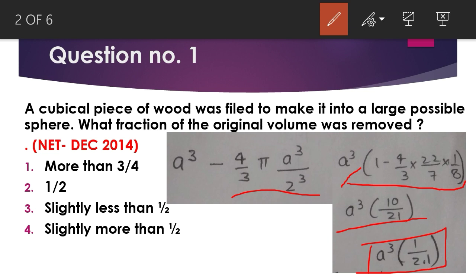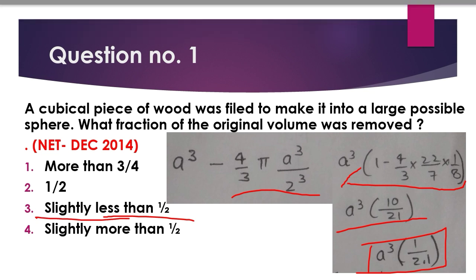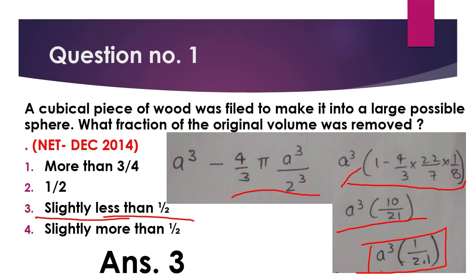So 1 divided by 2.1 is less than 1 by 2. So actually we are removing a volume that is a little bit less than 1 by 2 to make the perfect sphere. So here option number 3 will be your right answer.